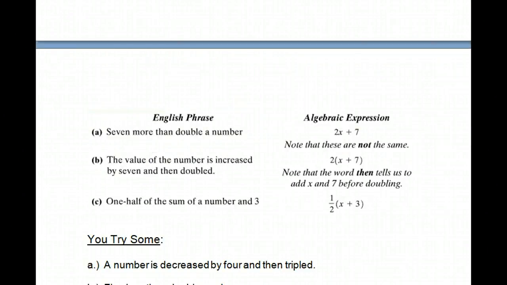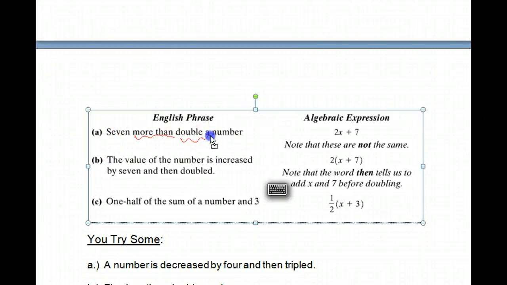Let's look at what we have here. Now, letter A says that we have 7 more than double a number. We have multiple operations that are happening here. More than indicates that we have addition happening, and double a number indicates that we have multiplication happening.